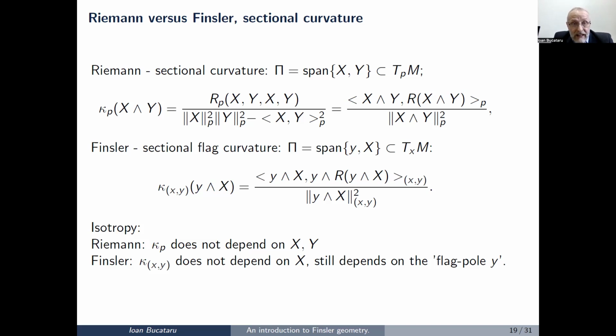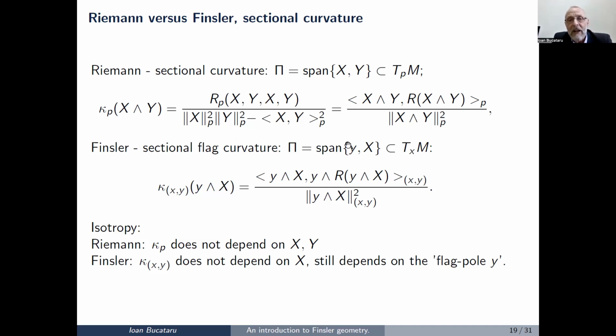In the Finslerian case, things are a little bit complicated because everything depends on the direction. So if you fix a point, you are forced to consider the direction at that point as well. This is the reason that in Finsler geometry we have what is called sectional flag curvature. So you have a point and you have the flagpole.